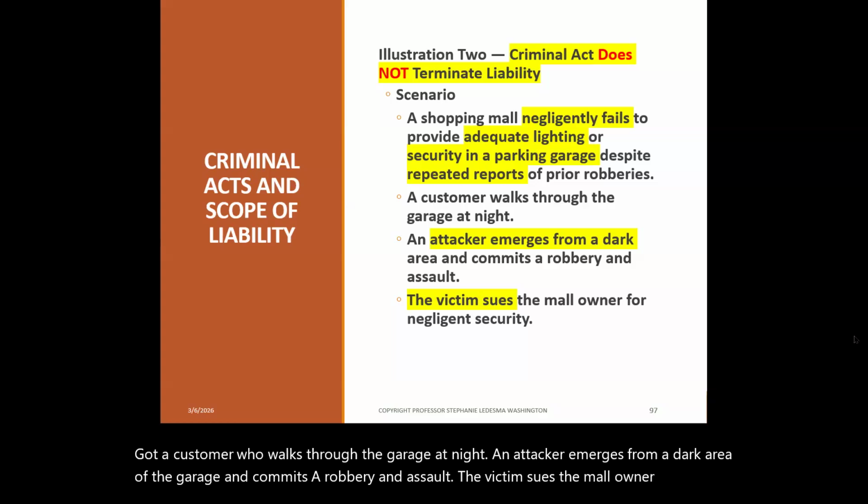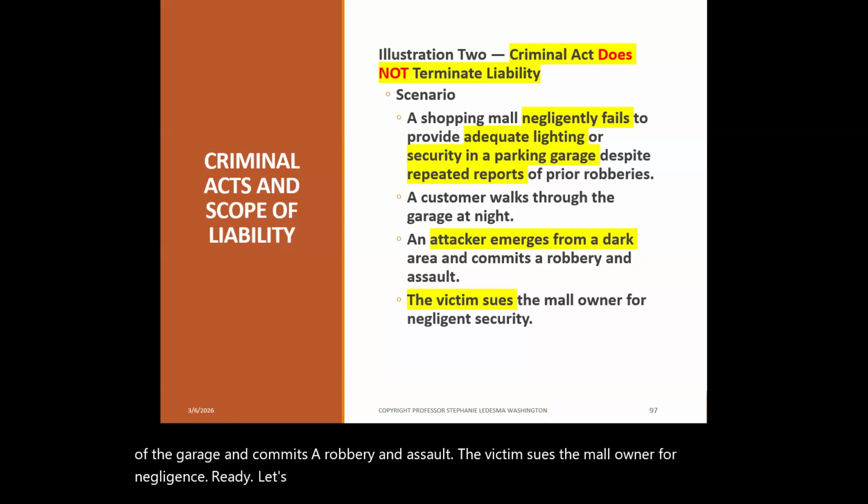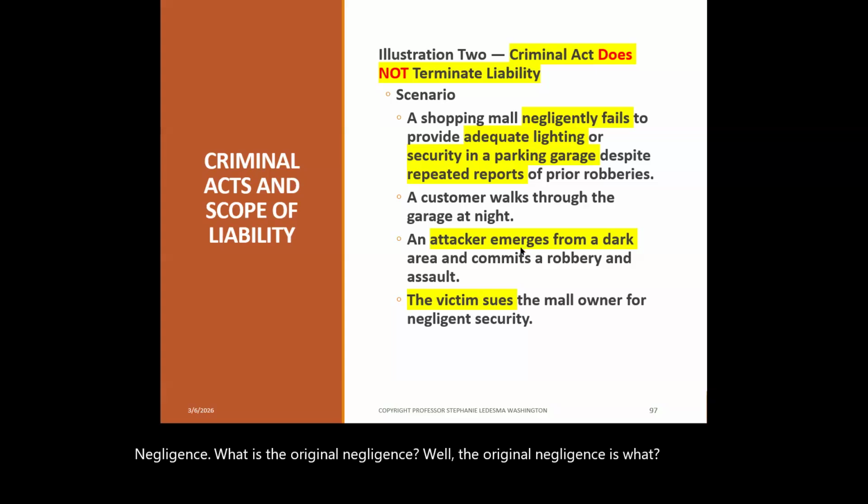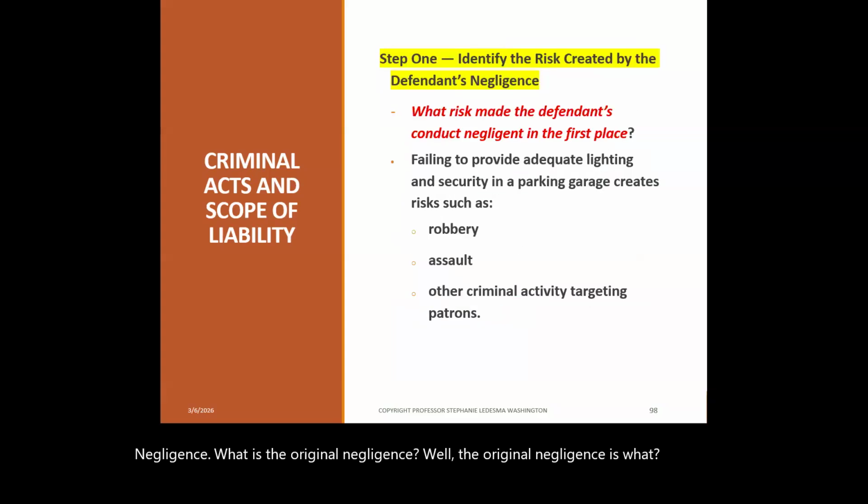Ready? Let's apply it. When we apply it, what do we get? What's my step 1? What is the original negligence? Well, the original negligence is failing to provide adequate light.